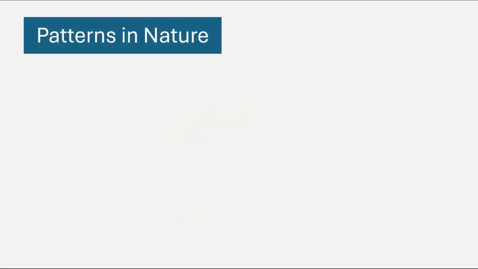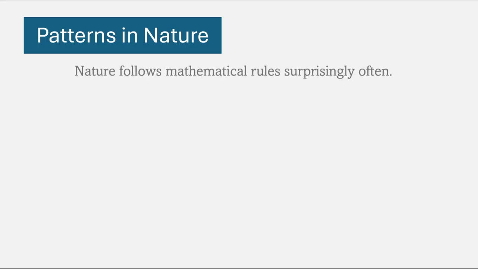Okay. So in nature, we also have patterns, okay? Because God's creation is very nice, very beautiful. So there are patterns also in nature. Nature follows mathematical rules surprisingly often. Now, there are many things that we commonly see, and then we did not know that it follows a mathematical rule.